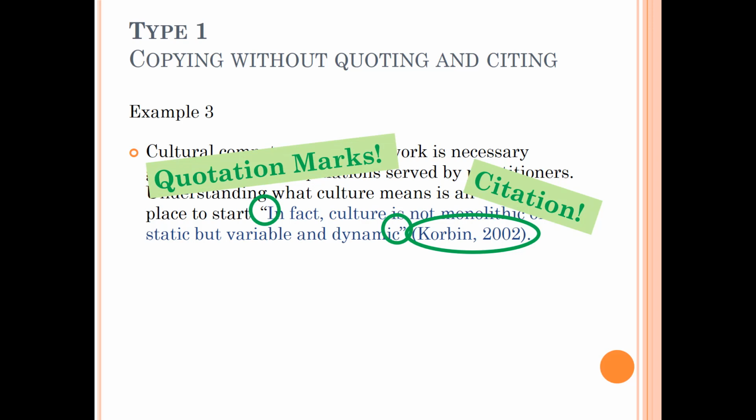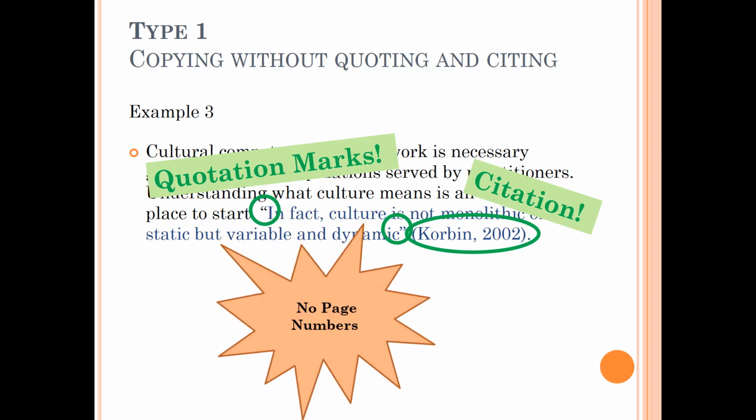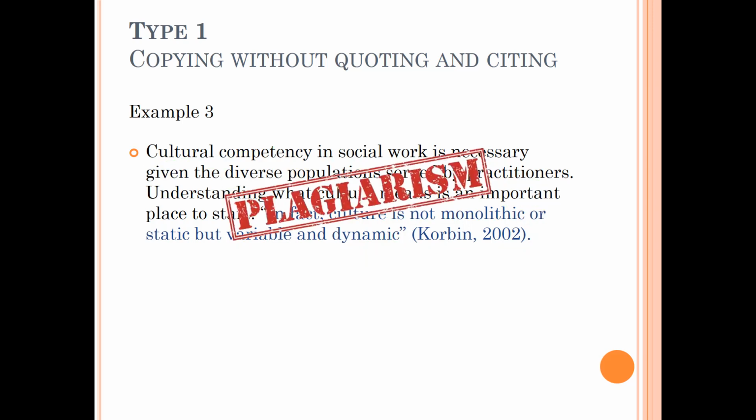So technically someone would know that this is a quote, and we're sort of okay in that regard, but we're still missing page numbers. And the page numbers are important because they will lead the reader to where the quotation can be found if they wanted to look it up on their own. So you do need all 3.